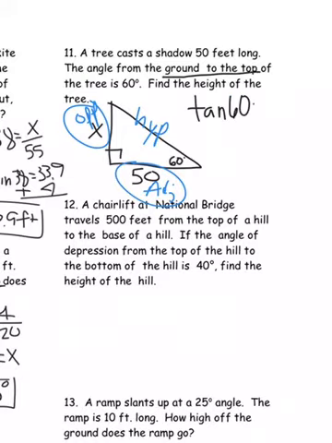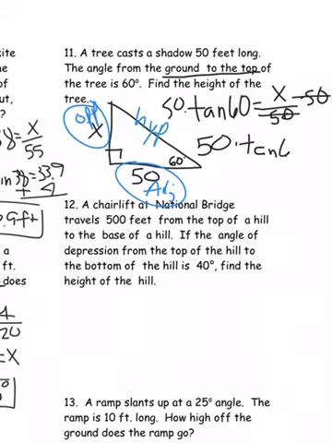The tangent of 60 equals the opposite x over the adjacent 50. Multiply 50 to both sides, cancel, cancel. 50 times the tangent of 60 equals 86.6. And that is feet.